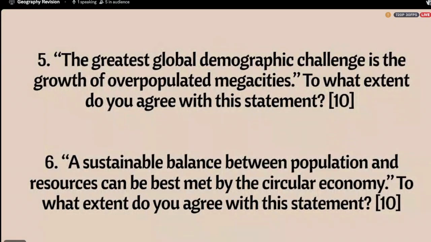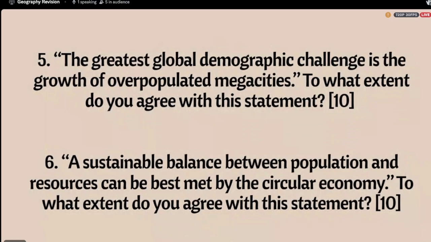So you could talk about megacities is the most important, aging population is the most important, and so on. Or you can expand on megacities, talk about why you agree, why it's really challenging. You could really take it in multiple ways. But you guys understand how you could tackle these questions, right?